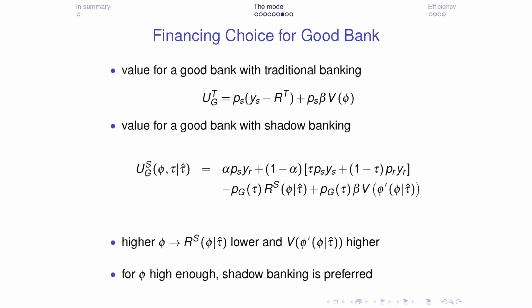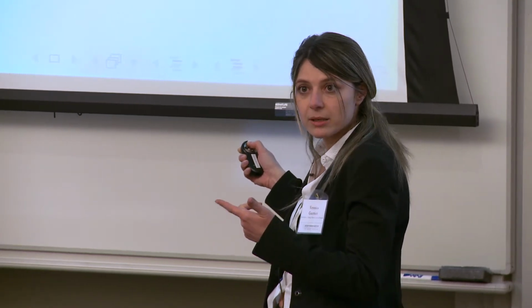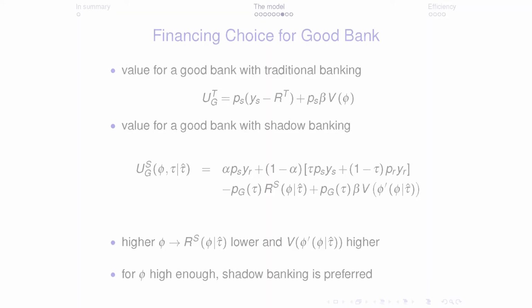She pays this interest rate with the probability of success being PG of tau. And she gets a continuation value that now depends on the posterior belief, which is potentially updated if tau is 1, or constant if tau is 0.